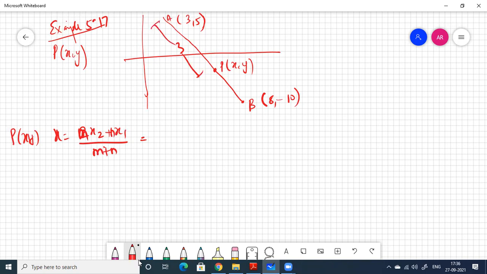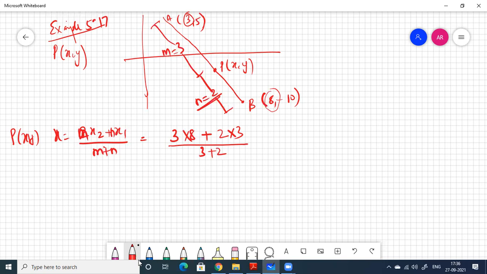And what is n? n is said to be 2. So 3 into x2. x2 is what? B. Always x2 will come. 3 into 8 plus n is 2 into x1. What is x1? x1 is 3, divided by m plus n, 3 plus 2.